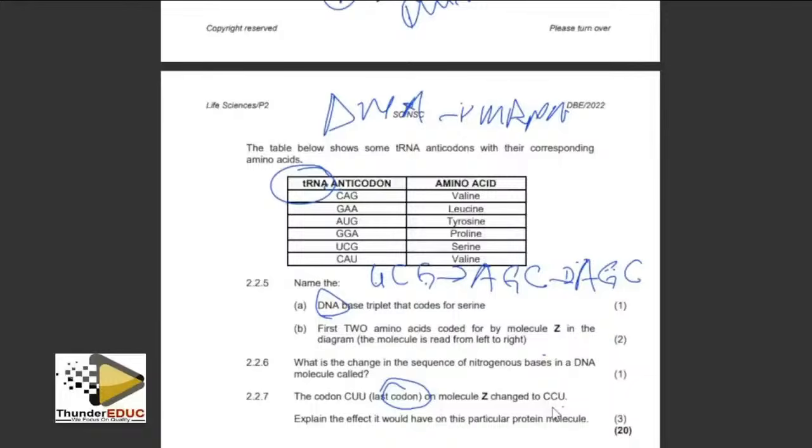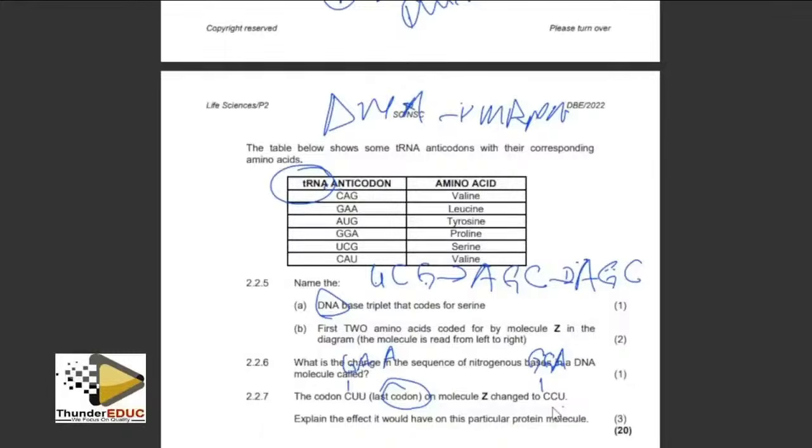Sibusiso, are you hearing? All right. We are saying that this is going to be GAA, and then this is going to be GGA. So GAA is going to be what? Now you're saying this is going to be leucine, like the same example I gave. CCU is going to be GGA.